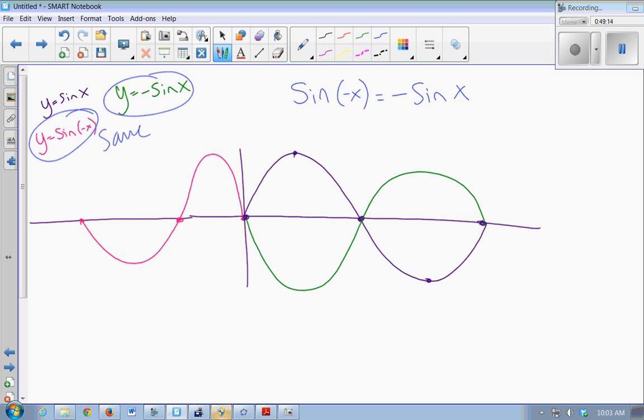That's called an odd function, right? When you plug in the negative x and you get the negative y, that's called an odd function. So this tells us that the sine of x is an odd function. In other words, it has origin symmetry. So if you were to do two folds over the x and the y, the two pieces of the graph would lay on top of each other.